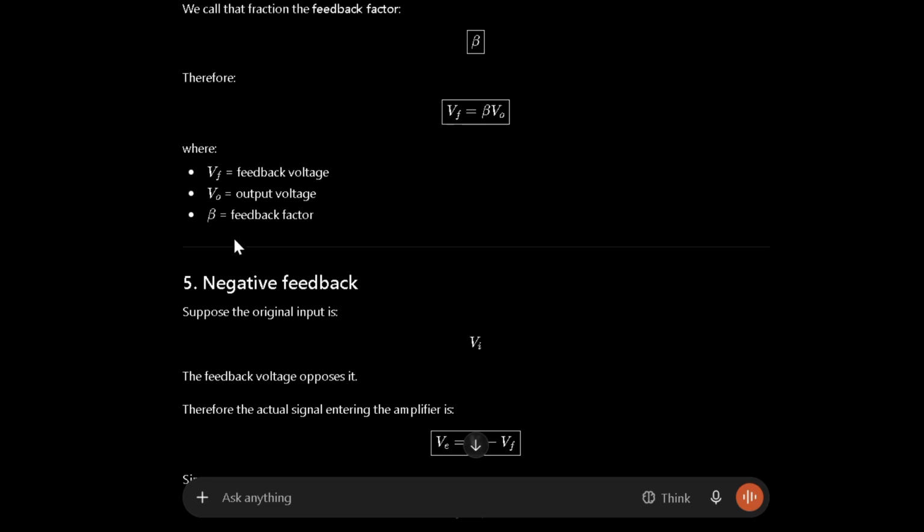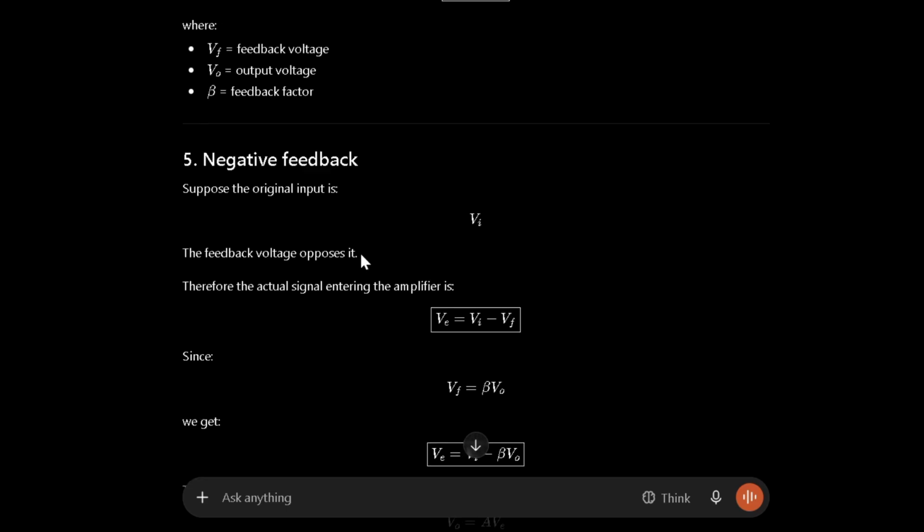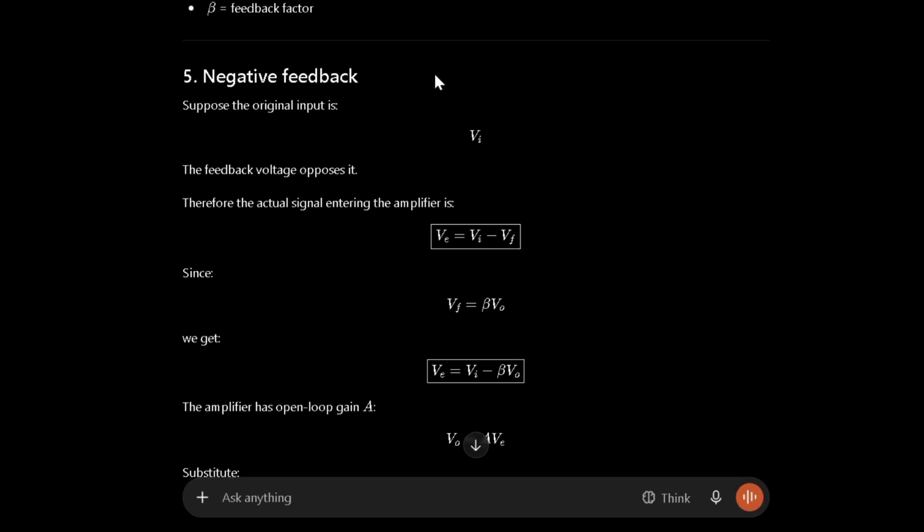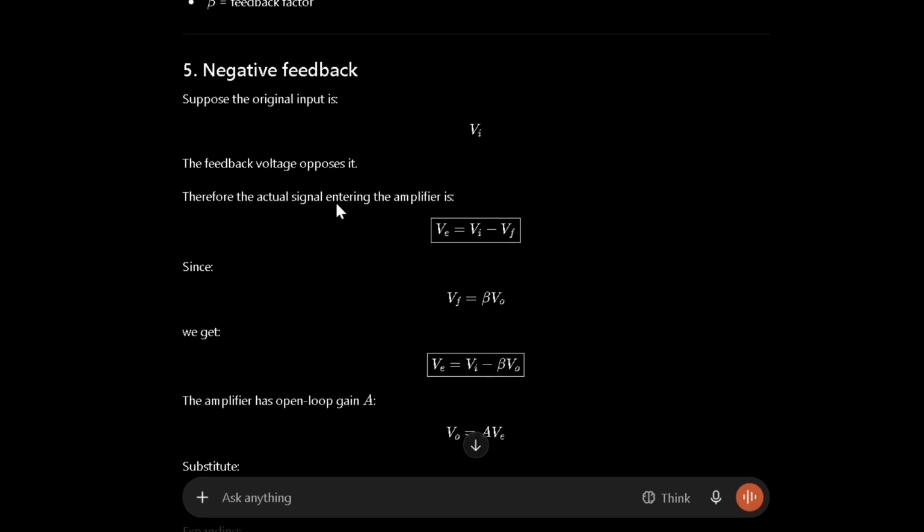Negative feedback: suppose the original input is Vi, and the feedback is a fraction of the output. Then the actual signal entering the amplifier is V equals Vi minus Vf.